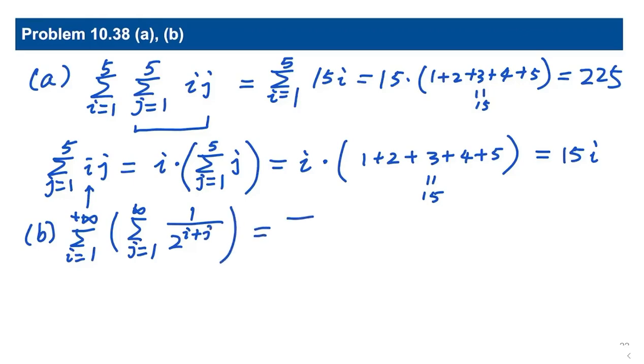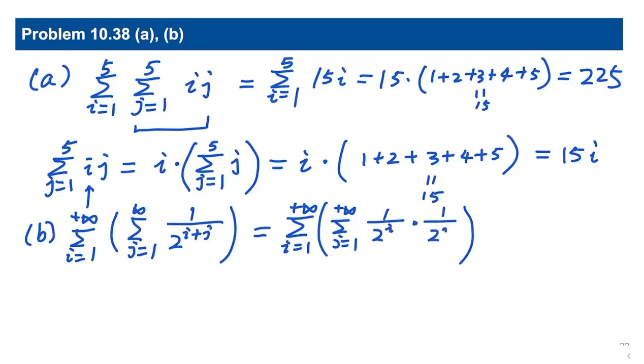This is the sum over i from 1 to infinity, sum over j from 1 to infinity, of 1 over 2 to the power i times 1 over 2 to the power j. Now, given different j, 1 over 2 to the power i is independent of j. So we can take this out and put it here.